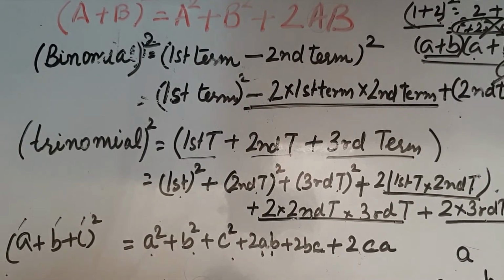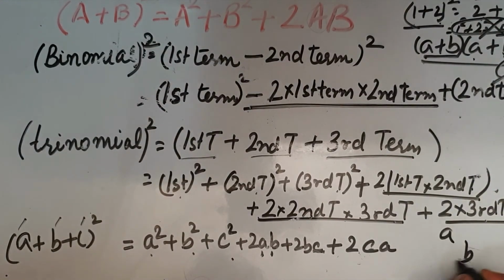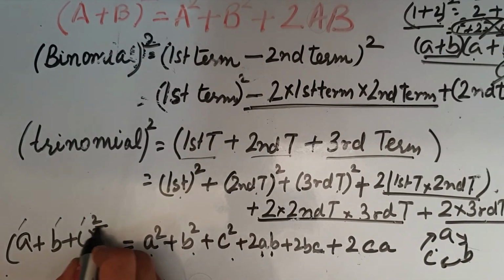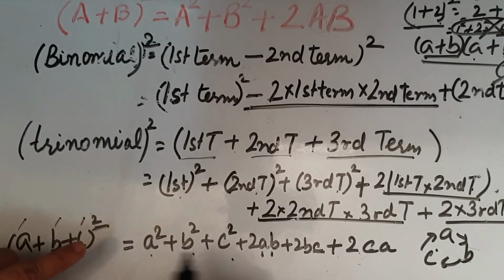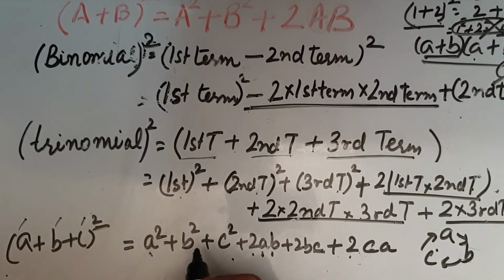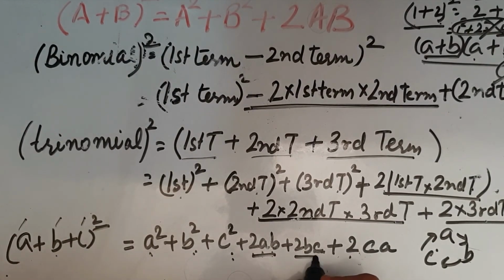A, B and C cyclically means A, B, then B, C, then C, A. In the square expansion, A square, B square, C square, all the terms are squared definitely. And then plus 2 into first term into second term, second term into third term, and third term into first term. We will learn it in the exercise and with examples.